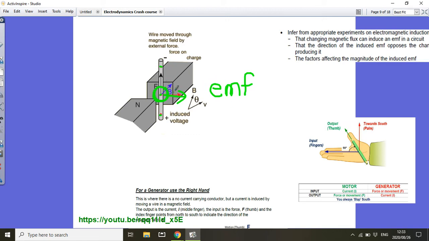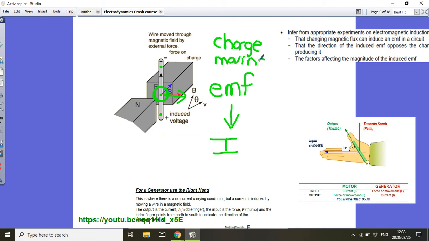If there's a positive, negative potential difference, then that electron will move. And if I have an electron moving, I have a current. So this is the principle on which electromagnetic induction works. I have a charge moving in a magnetic field.